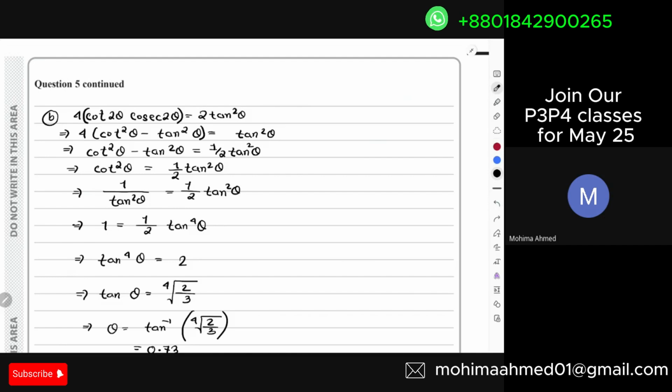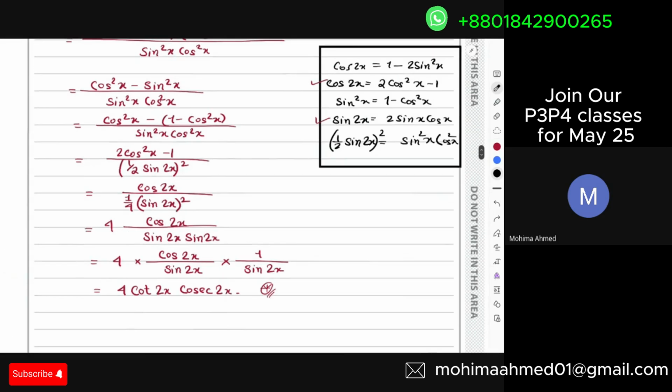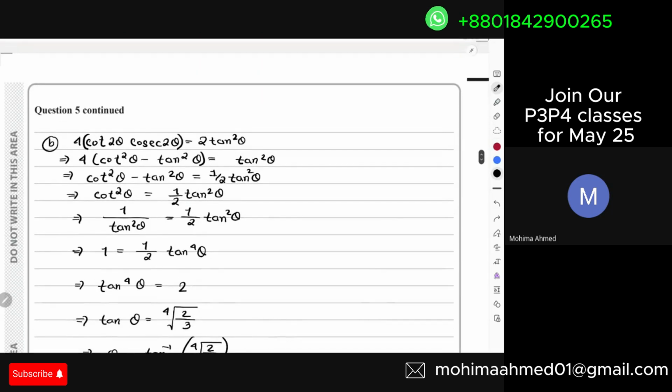It was 4 cot 2x and cosec 2x. Yeah, actually I made a mistake. In this entire derivation, we got the total answer as 4 cot 2x and cosec 2x. So we're not supposed to write multiply 4 with there.